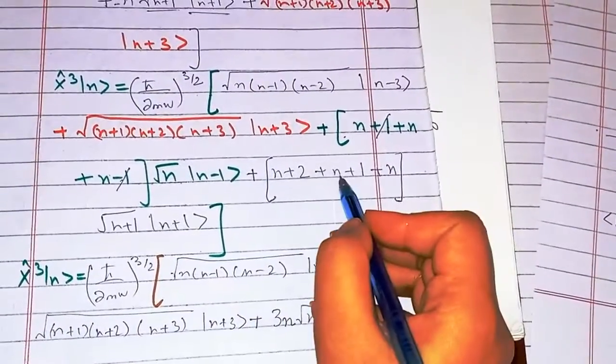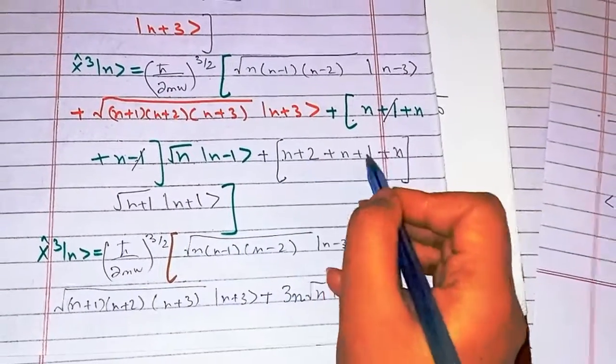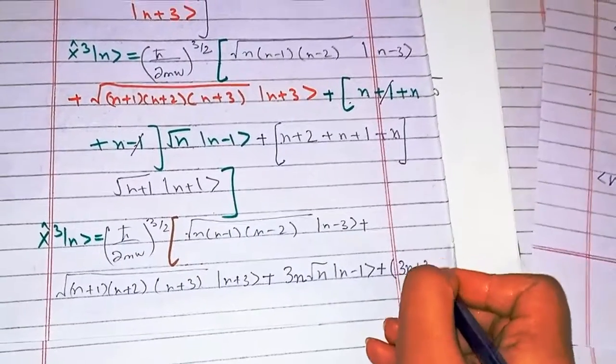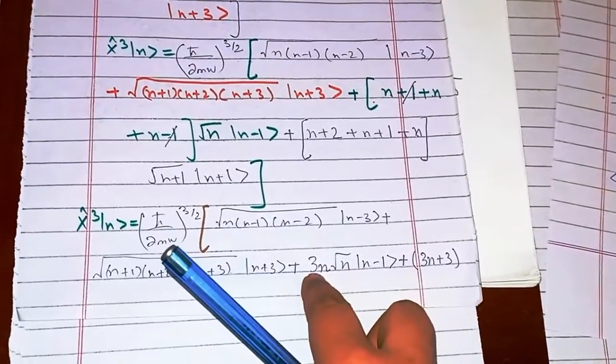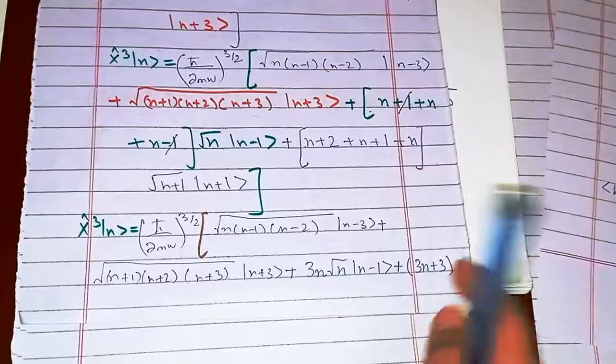Then we have, you can see, n, which is 3n, and 2 plus 1, which is 3. So we have in bracket 3n+3. We'll use the bracket because we now have two quantities instead of one. Here we only had one term, so we don't need to add the bracket, but here we need to do that because we have two terms.